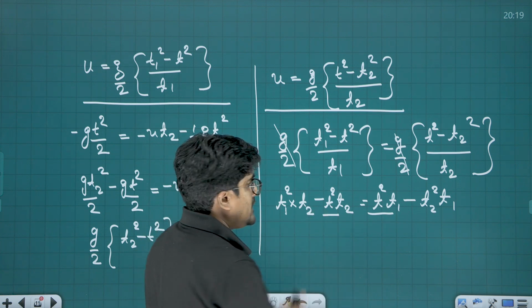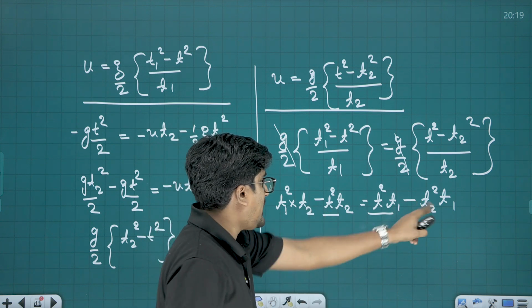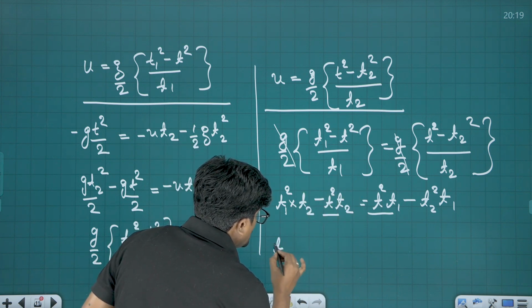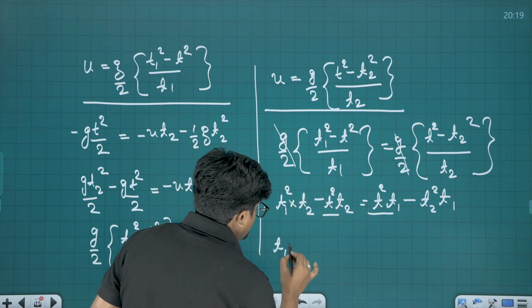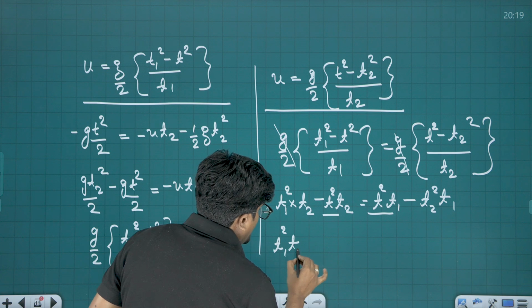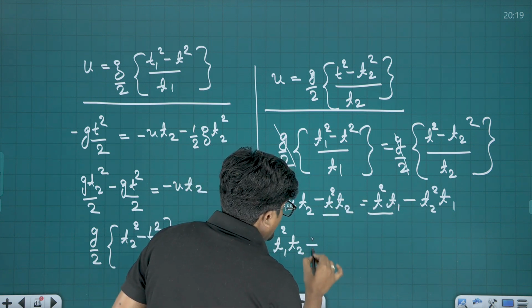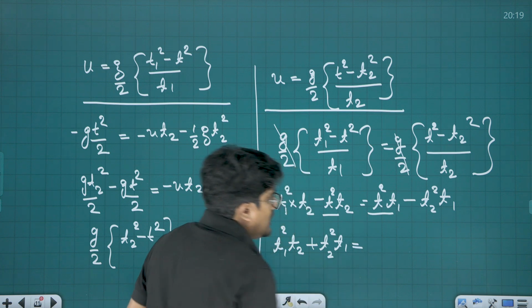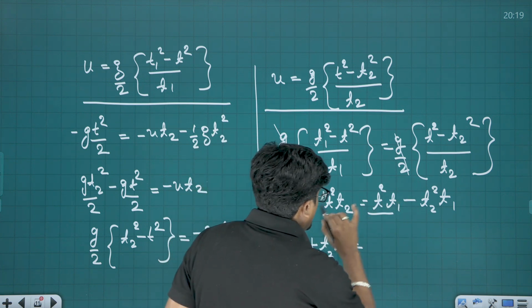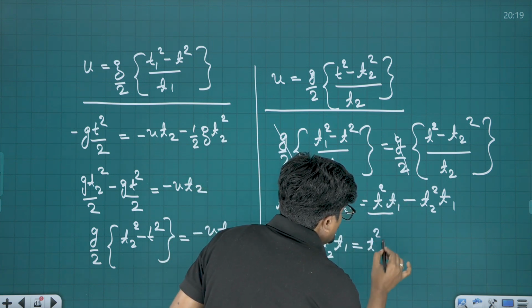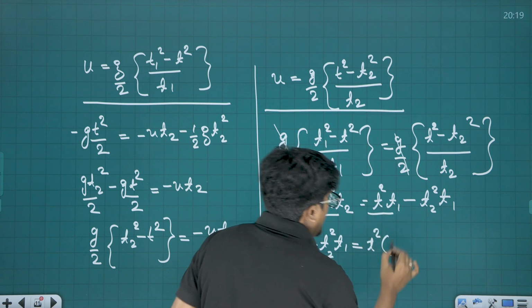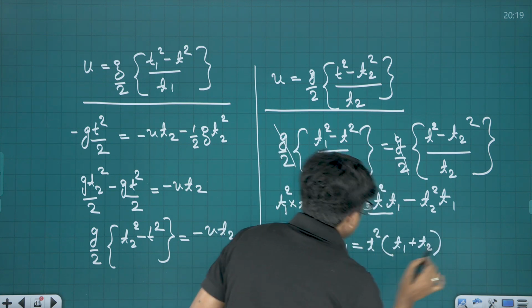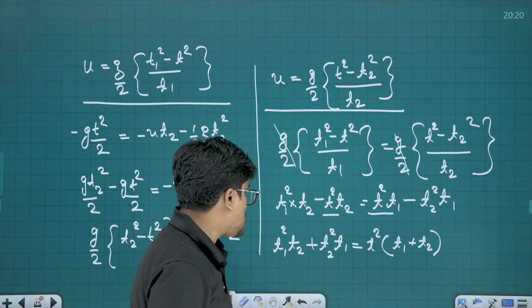Let me rearrange this. I am going to take this towards the right and this will come towards the left. So here it is going to be t1 square into t2, then t2 square into t1, that is equal to, going towards the right, t2 square is common, and this is t1 plus t2. I took t square as common.